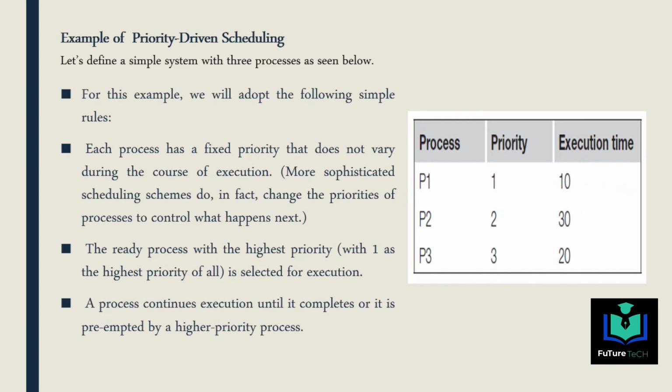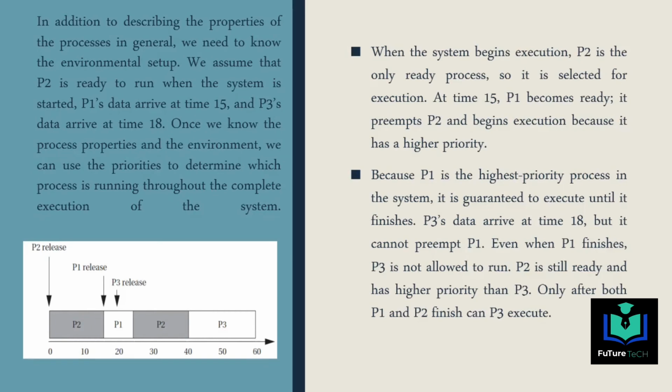Okay, execution time. So from the previous tabulation, we can understand that the priorities are already scheduled, and we know that P1 is always given the first priority. The integer value is set only for the first process P1.